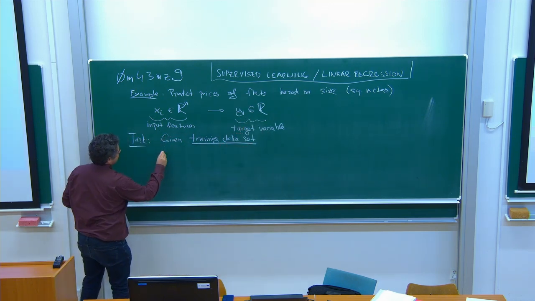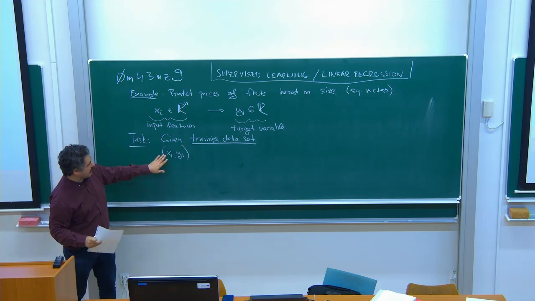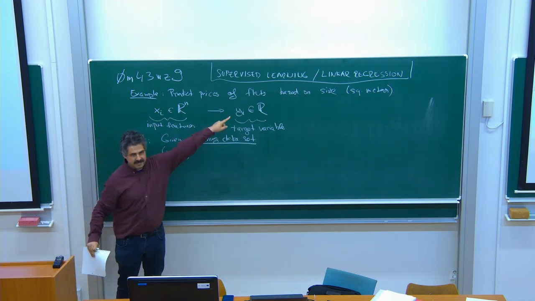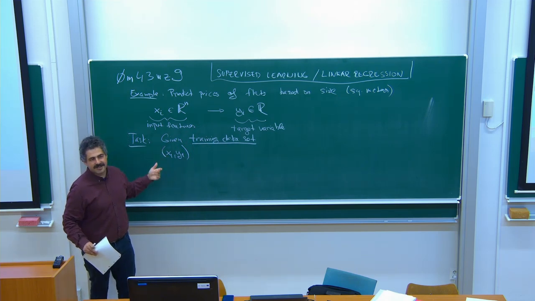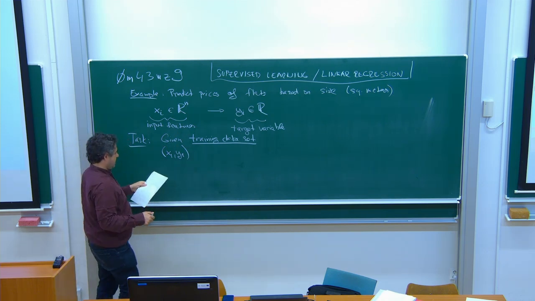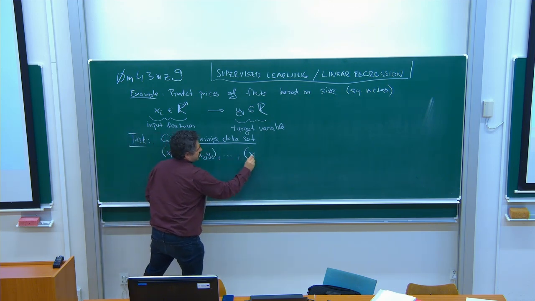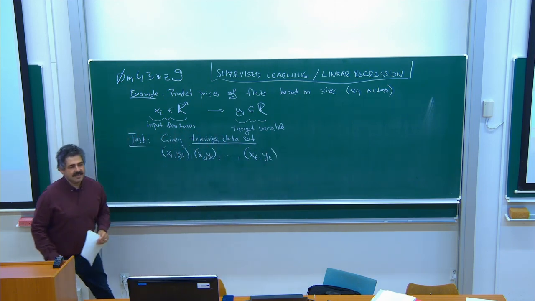Okay, you have a training set that looks something like that. So x1, y1. So this is a pair, right? The feature vector, and then the target variable. And this feature vector now is very degenerate, right? Only one number, but doesn't matter. Okay. And you have multiple cases. So let's say you have T training examples.